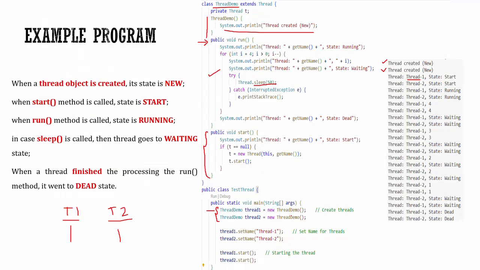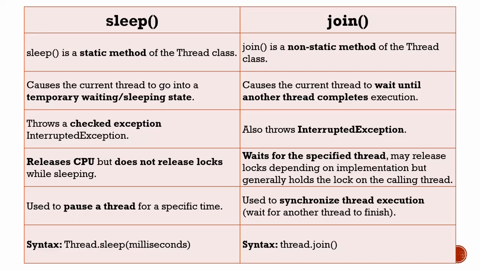So this is the one example which I have given. And here we need to understand the two main functions, sleep and join. Sleep will make a thread sleep or temporarily wait for some time. But join will wait for the currently executing thread to complete its entire execution.